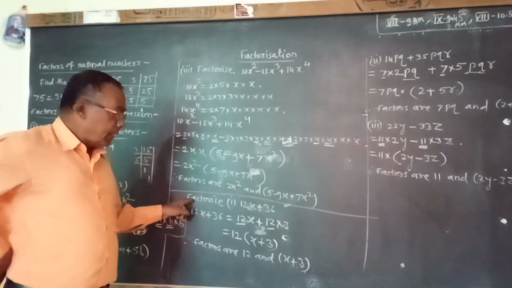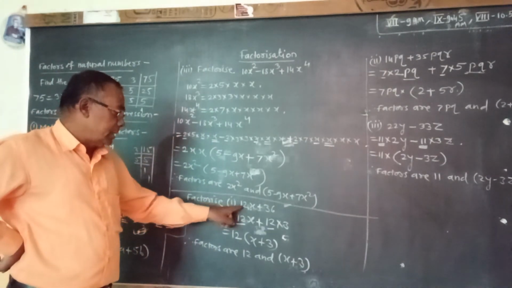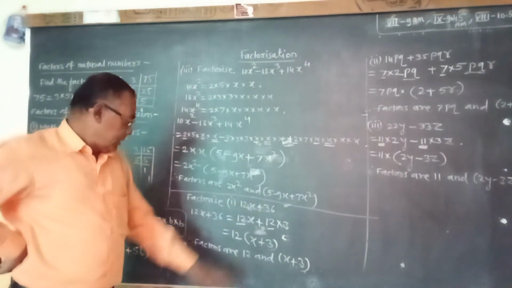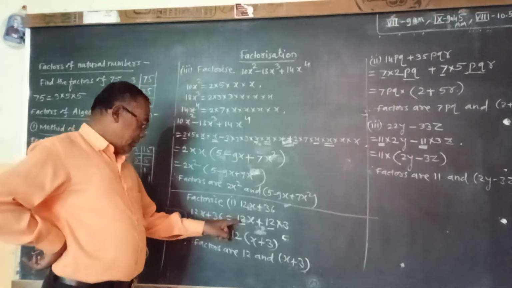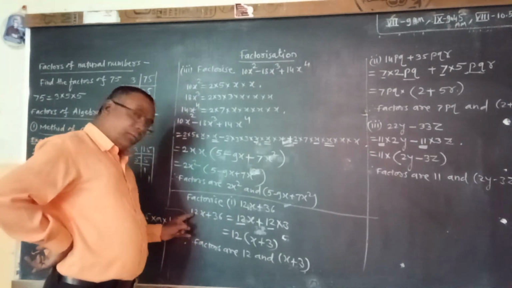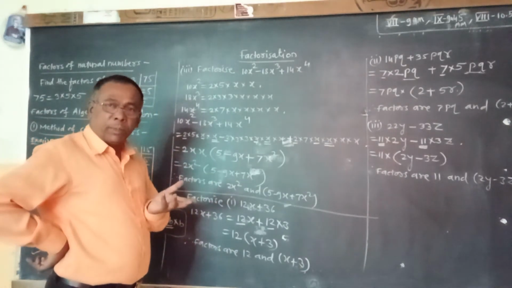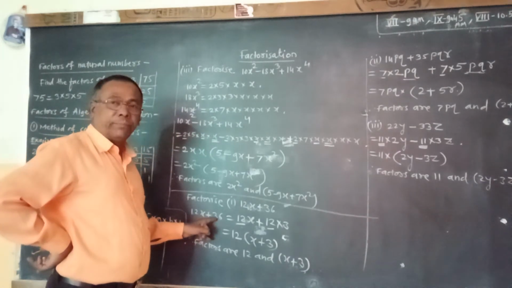Now there is one more question, that is, factorize. The first question is 12x plus 36. Here we can directly take a number which can divide 12 as well as 36.